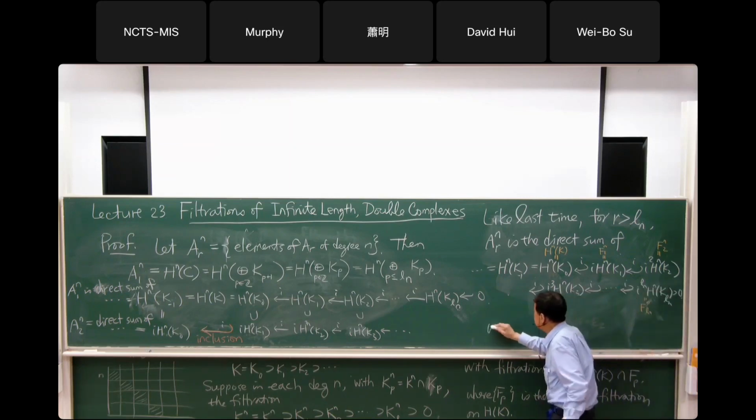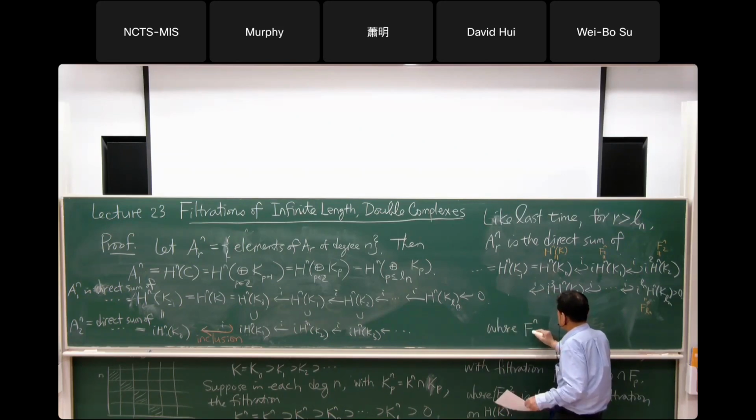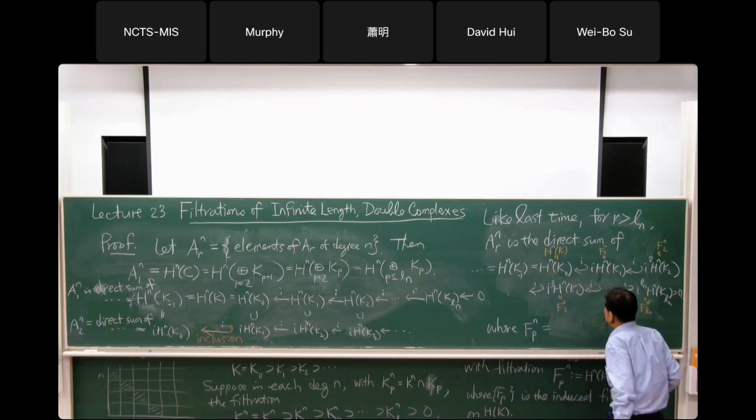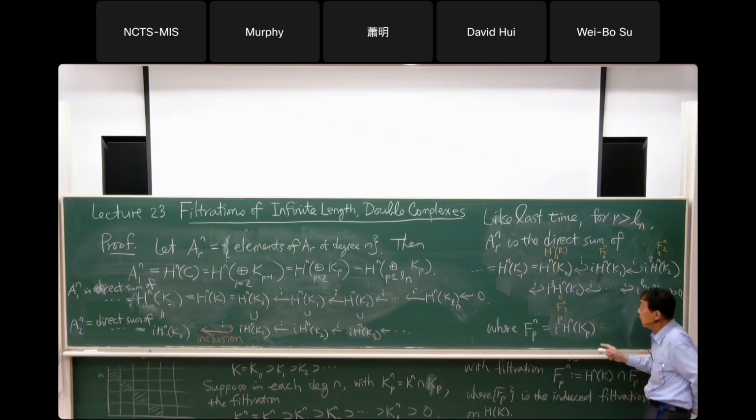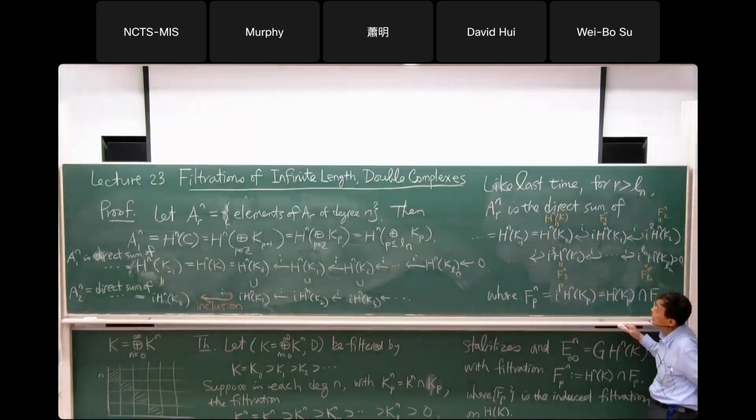Where this filtration, H^n_P, you see that it's I to the P H^n of K_P. Okay? So it's really the degree n elements of the induced filtration.